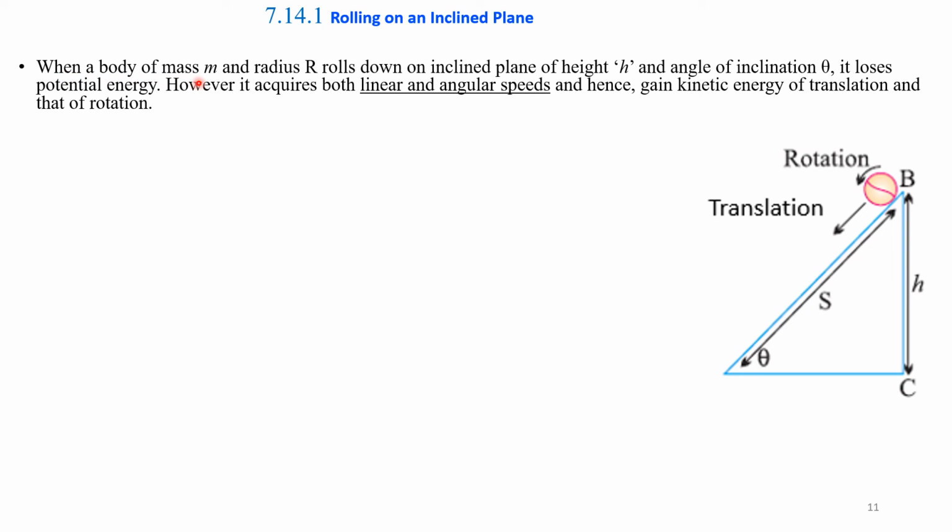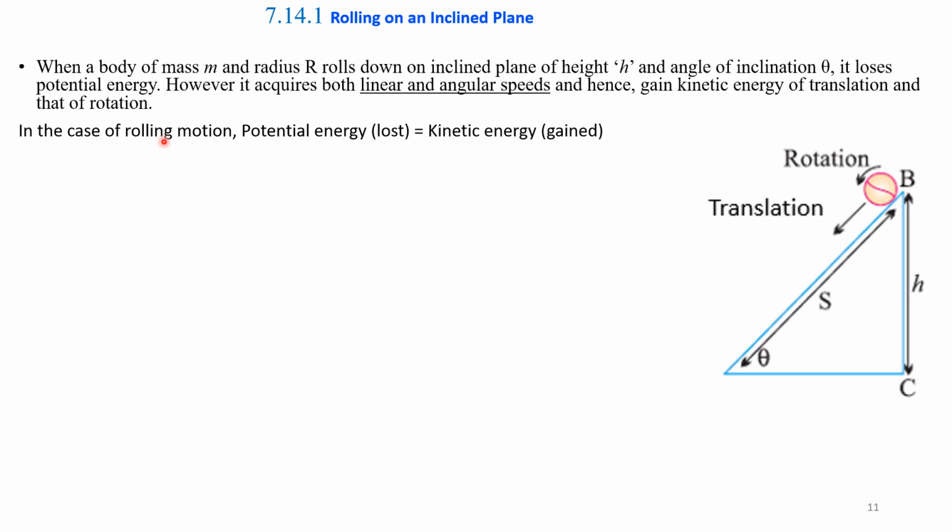When a body of mass m and radius R rolls down an inclined plane of height h and angle of inclination theta, it loses potential energy. However, it acquires both linear and angular speeds, and hence the total gain of kinetic energy is due to translation and that of rotation.